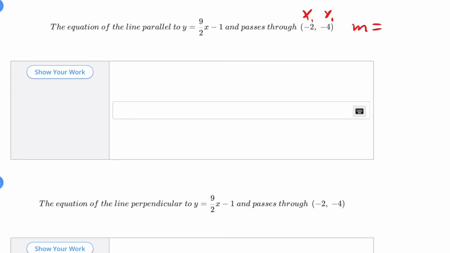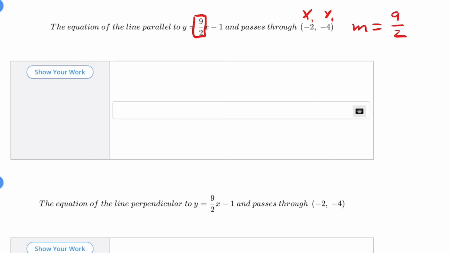We are going to use the slope of this line, which is 9 over 2. Since this question asks for a parallel line, we are going to use the same exact slope. Same slope for parallel lines.